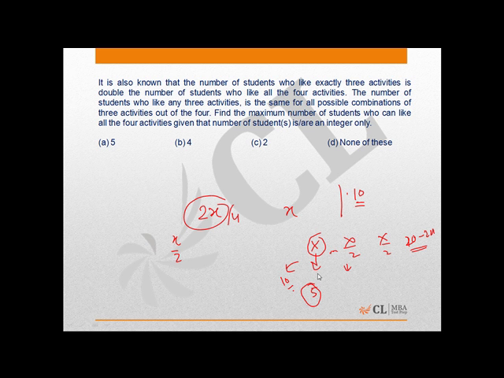When it is 5, then x by 2 will not be an integer. When it is 4, which is the maximum possible at this juncture, because 5 is not a possible value, and when x is 4, all other condition gets satisfied, which means the maximum value that x can assume is 4. Hence option B is the correct answer.